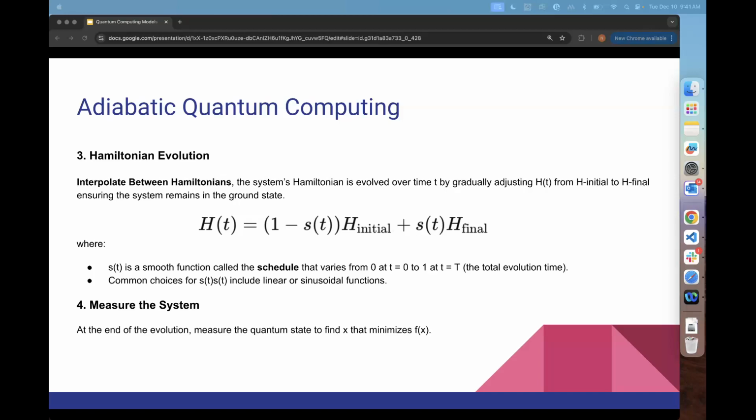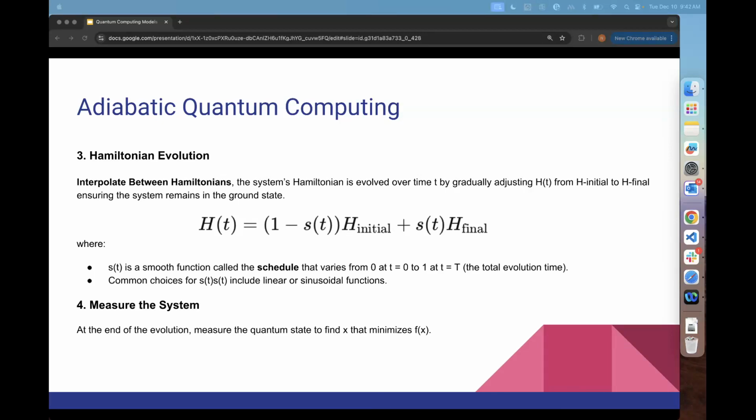And H final here encodes the optimization that you are trying to solve, which in this case is the shortest path that one could take to travel all those cities in the traveling salesman problem. So the requirement here is you need to define your H final in such a way that it could encode the solution for the optimization problem that you're trying to solve.